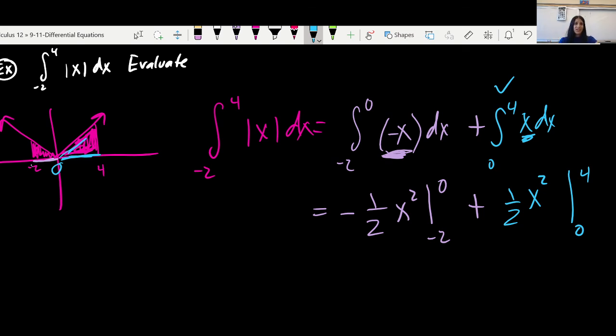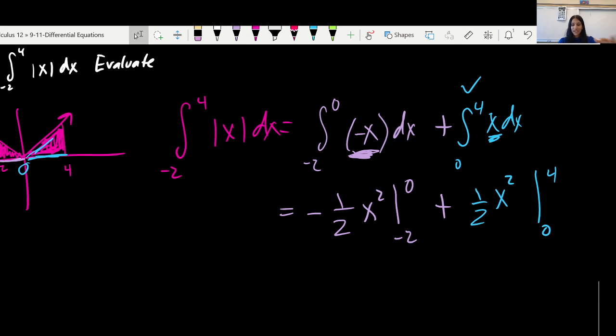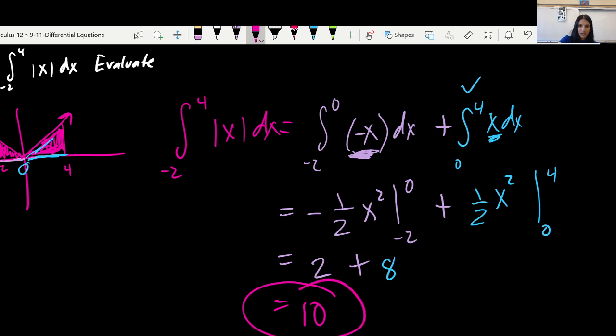We truly do the same thing over and over again. It's just a matter of knowing what to do with it. Then when we work our way through this, you can plug it in. I know you all know how to do that. You'd get 2 there, plus the 1/2 of 4 squared minus 1/2 of 0 squared, which is 8. So overall, the total area ends up being equal to 10.